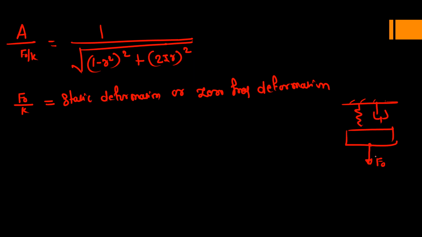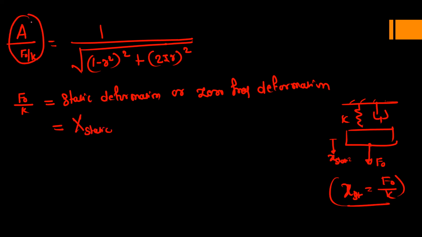It is just a static force F0. Because of the F0, how much is the deformation of this spring? It is nothing but the X, or X static. And this X static, we can write as F0 upon K, because F is equal to Kx. Therefore, it is called the zero frequency deformation, and this value is written as X static.